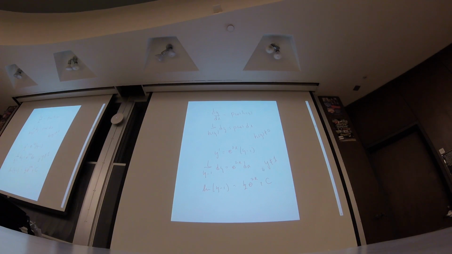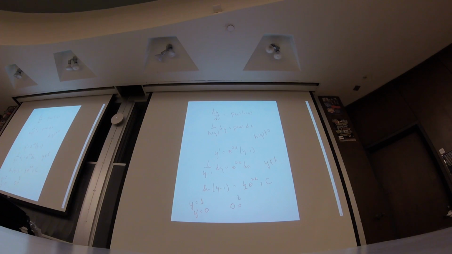Now, I'm interested in this function. I'm interested in the function y equals 1. If y is 1, what is y prime? 0, right? Root of 1 is 0. Okay. So now, where's my differential equation? Here's my differential equation.